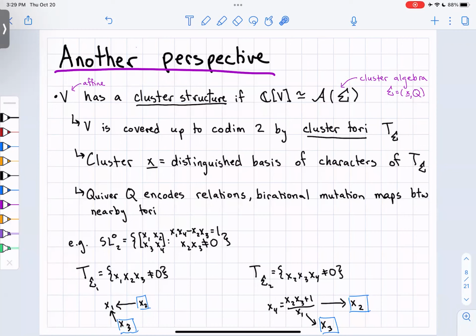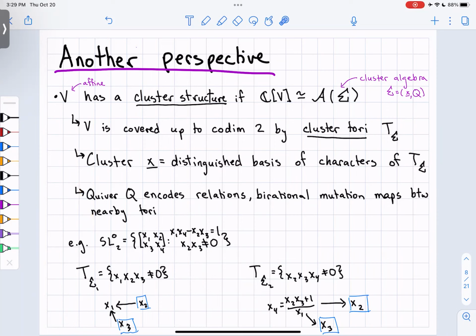Your cluster is actually a distinguished choice of basis of characters of your torus. So the content of having a cluster structure is, very roughly, that you have all of these tori and you can simultaneously choose distinguished bases for them in a very nice way. The nice way is encoded in the combinatorial information of the quiver.